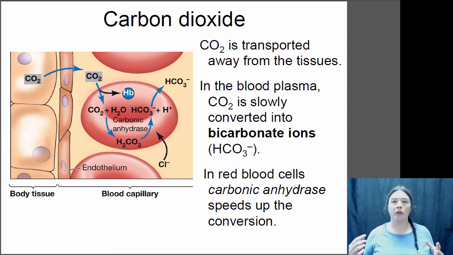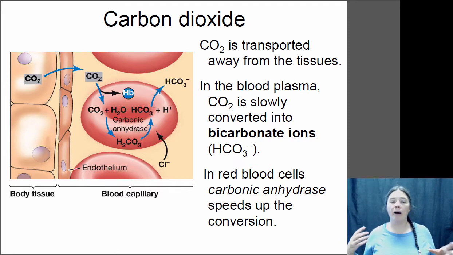So carbon dioxide dissolves a little bit better in water than oxygen does. But we still need to get it into another form so that we can get more of it into the bloodstream to get rid of it. And so what happens is that in the blood plasma, carbon dioxide gets turned into bicarbonate gradually over time. It's a weak acid.